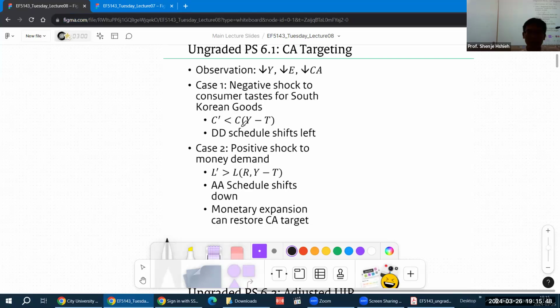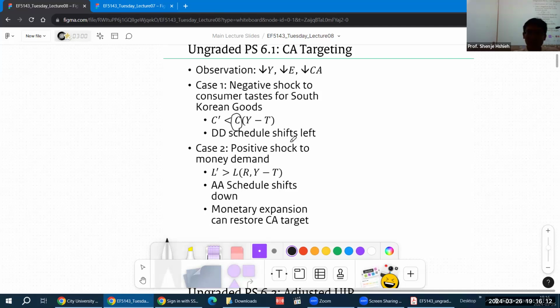So suppose the consumption function has changed such that for any level of income, you will always have lower consumption amounts. So if you look at the aggregate demand equation, that just means that lower C for any level of income means lower demand, which means Keynesian cross, blah, blah, output must decrease.